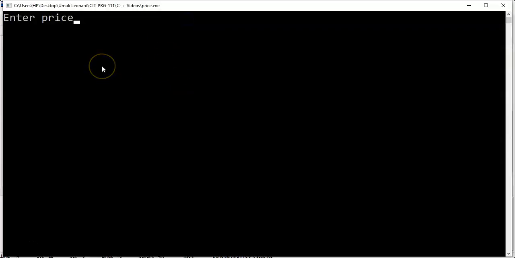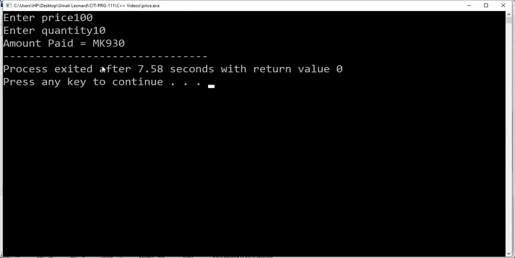Now this runs. Let's assume we have 100 and 10 items, and it's saying 930 is what we actually paid, because this would have given us 1000 and the 7% of 1000 is 70, so we are given a discount of 70 and we have 930 as the actual amount that we must pay.